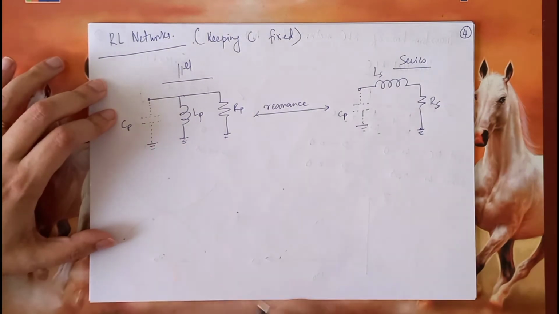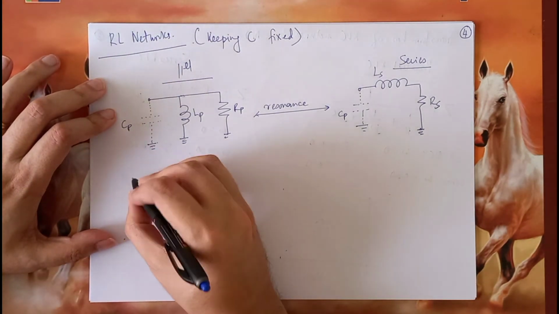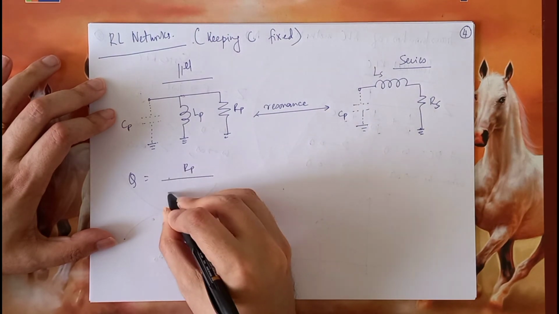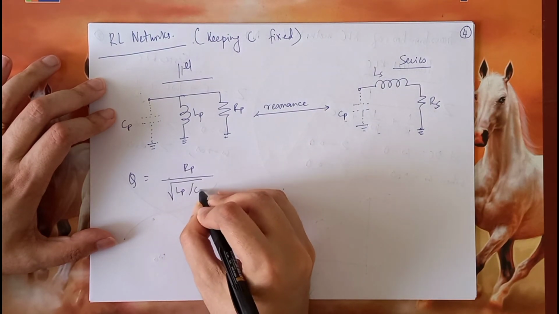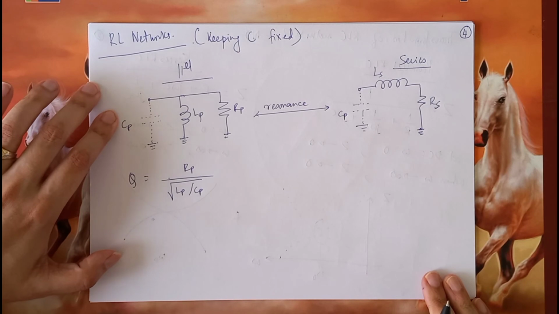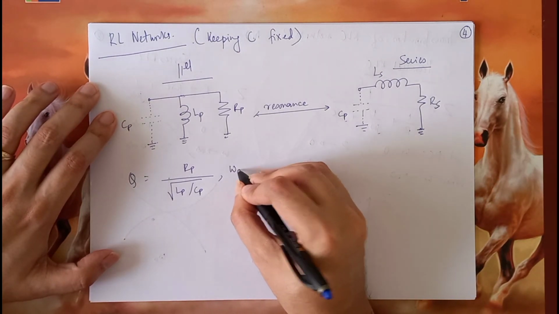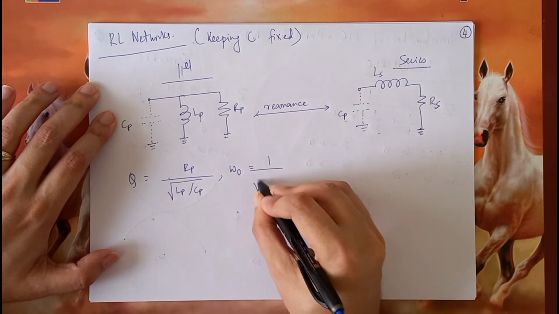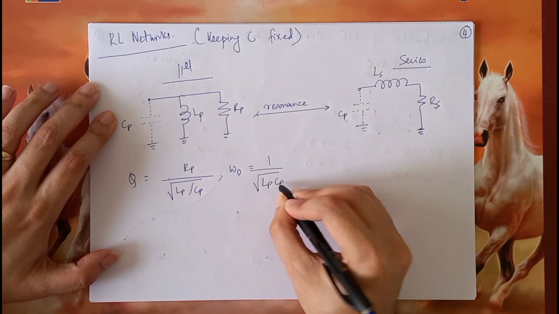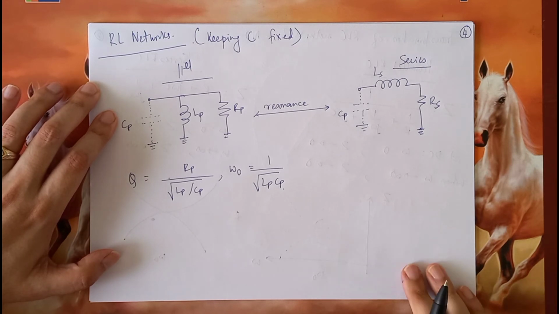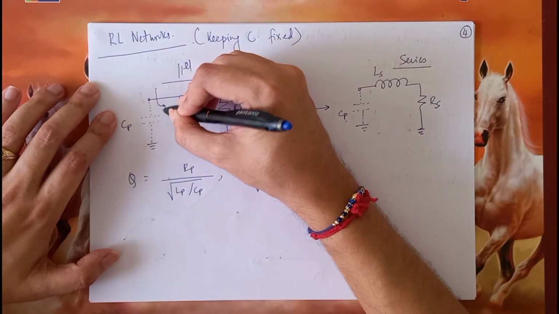So therefore, for the parallel circuit, what will be the Q? The Q will be RP divided by under root of LP by CP, as we had discussed. And the resonance frequency omega 0 is nothing but 1 by under root of LP CP. Now, we have to essentially see what is the impedance that is seen by the capacitor.